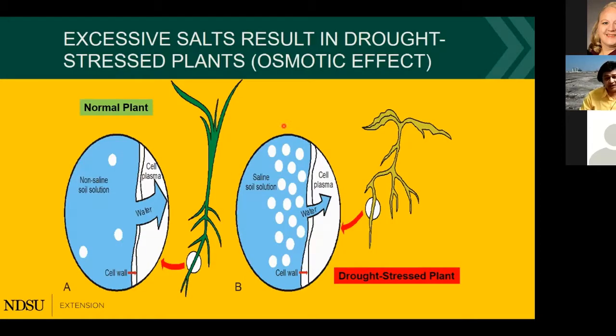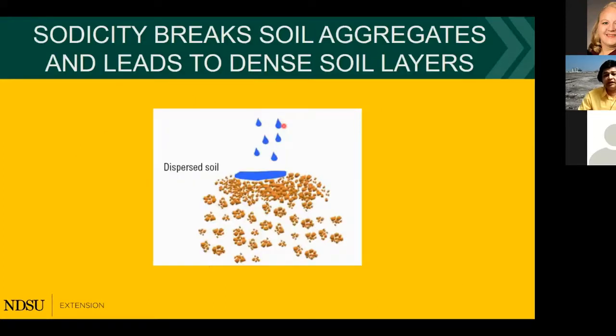Just to recap again, salinity, the major effect it has on plants is that it deprives plant roots of water. So salinity directly affects plant growth. It doesn't affect soils per se. Sodicity, on the other hand, doesn't affect plant growth directly, but because it affects soils in a severe way, it causes these dense soil layers due to the breakdown of soil aggregates, and that process is called dispersion, that slows down soil water infiltration.